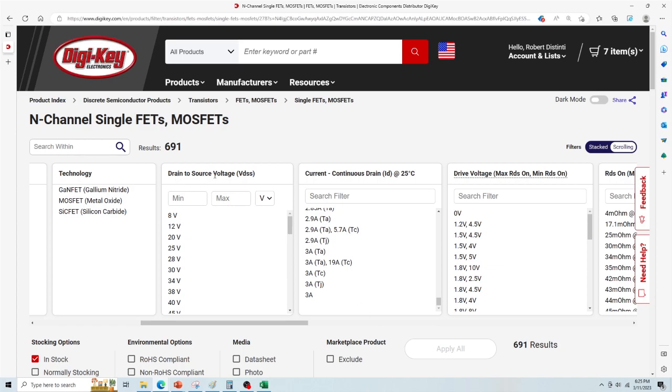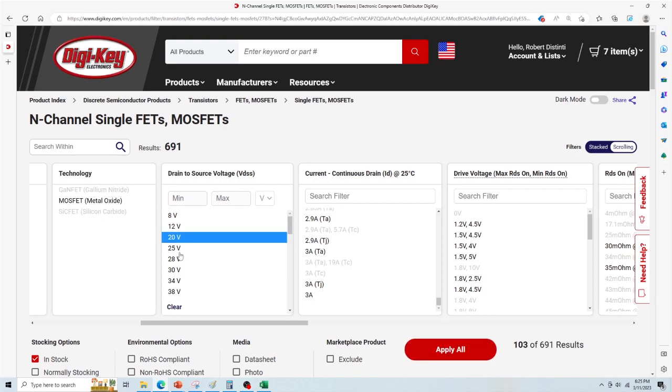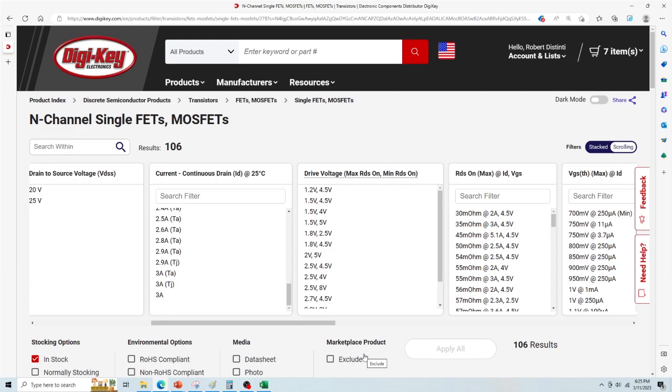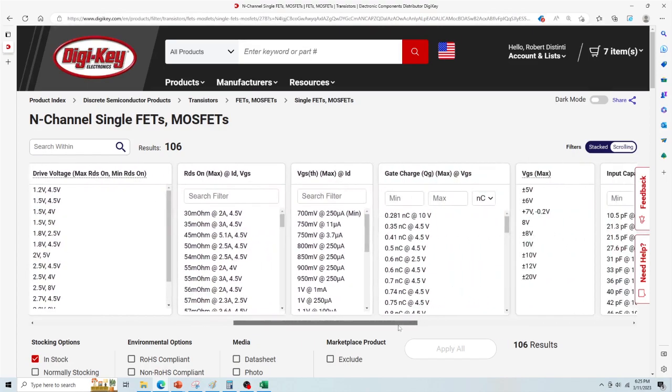Okay, the drain to source voltage, we want, well, we're not going to work at 12, so we're going to pick 20 and maybe 25, just to give us a little extra margin there. Okay, now the drive voltage. Well, let's actually look at the threshold voltage. The higher I have to drive the voltage before the transistor turns on, the more of a ring I'm going to get.